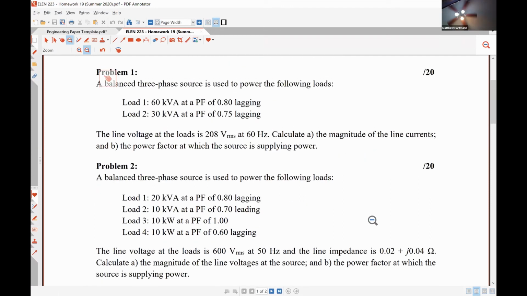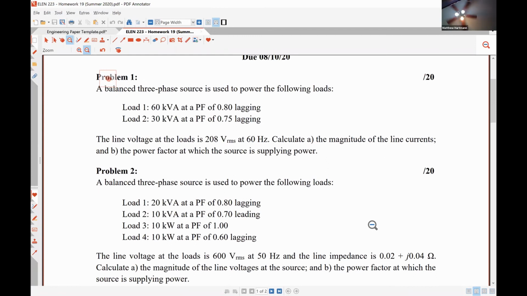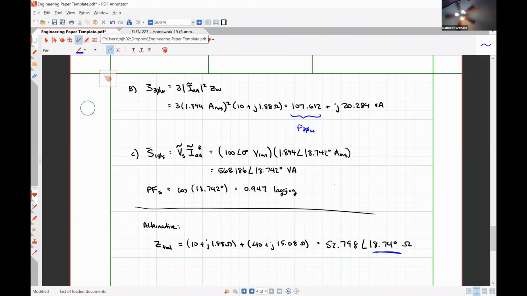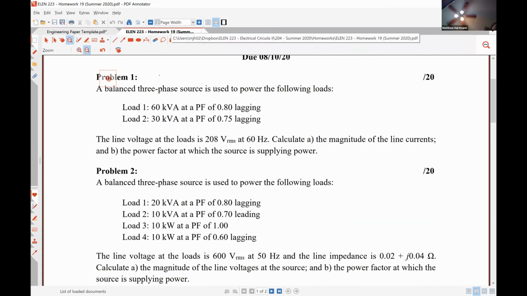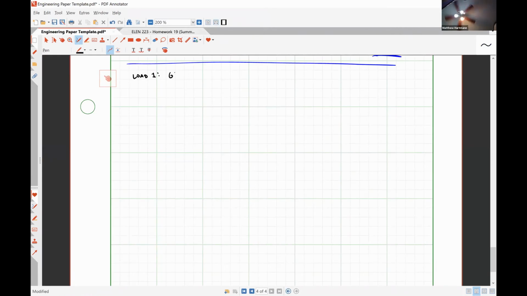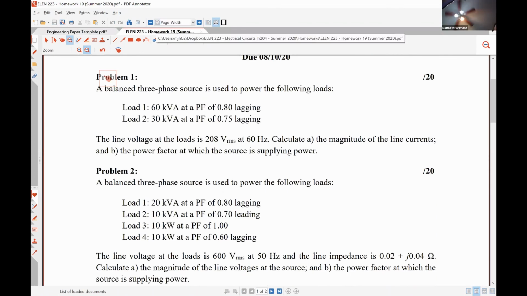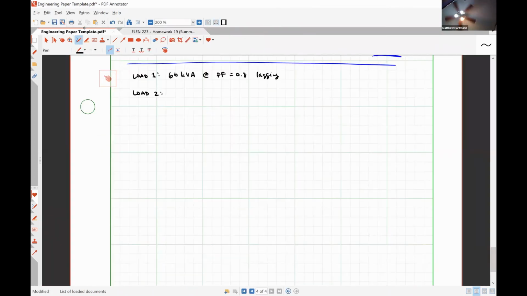So let's take a look at problem one real quick. We know that load one operates at 60 kVA with a power factor of 0.8 lagging. And load two operates at 30 kVA at a power factor of 0.75 lagging.